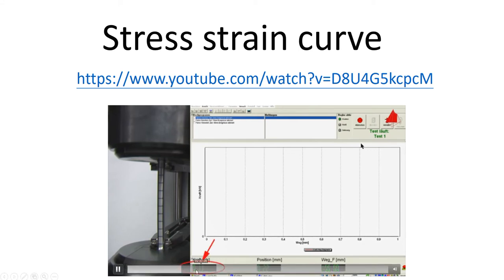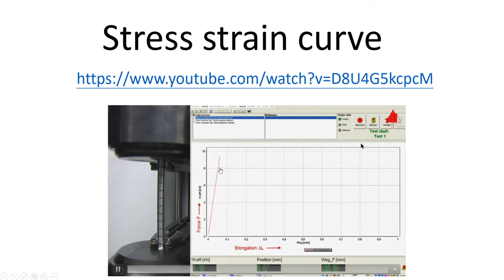You may look here. The material behavior can best be observed in a force-elongation diagram. The force F is being plotted upwards on the vertical axis, the elongation delta L towards the right on the horizontal axis. At first, the force rises rapidly. Force and elongation are proportional and form a steep, straight line in the diagram.